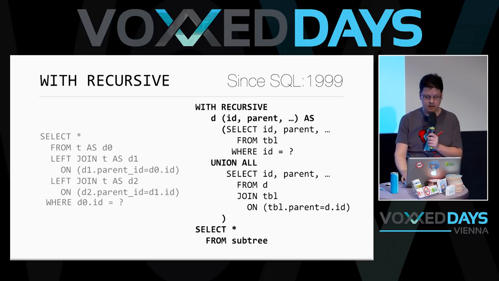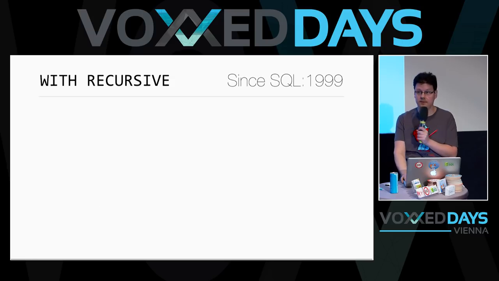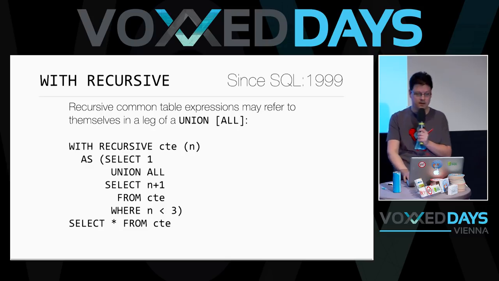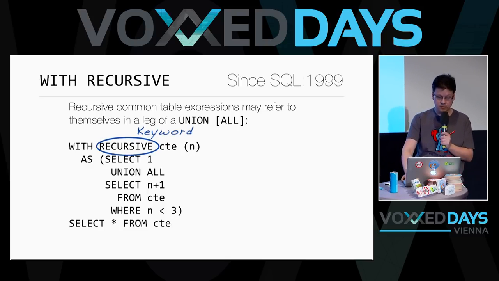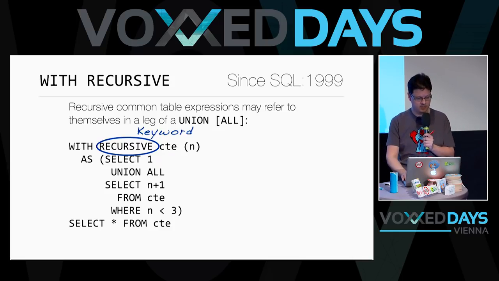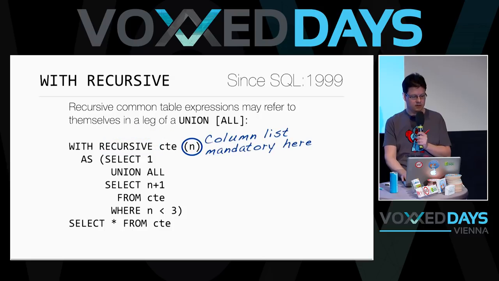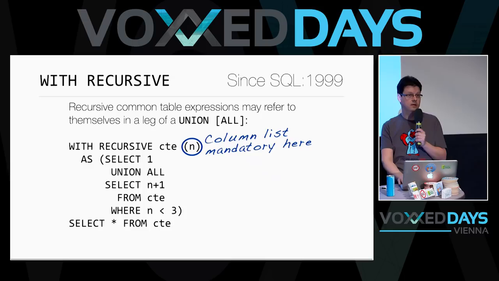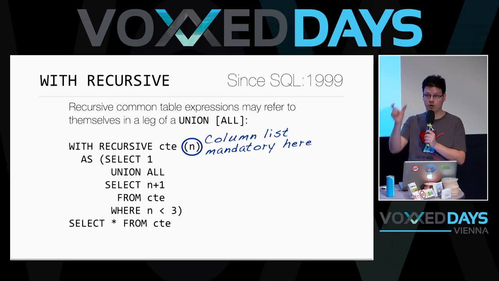To understand that, I will show you how it works with a simpler example, a so-called row generator. Let's go through it. It's still just a WITH clause, but I'm adding this magic RECURSIVE modifier, which allows some magic to happen. I have to tell the name of the column, so this row generator is just generating rows with one column called n.